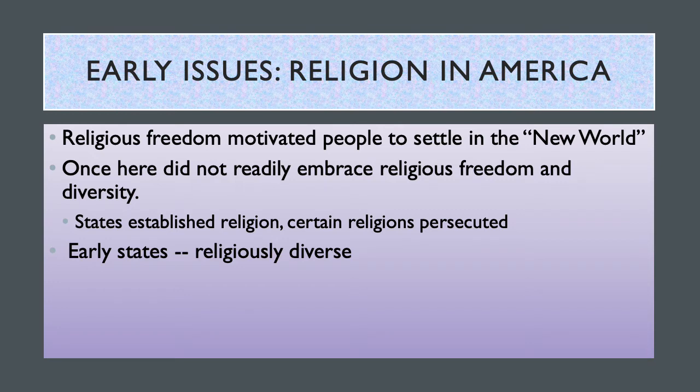Within Christianity, there's the big division between Catholics and Protestants, but Protestants have many, many different sects: the Congregationalists, which is an offshoot of the Puritans, the Anglicans, which becomes the Episcopal Church, Quakers and Baptists. But you also had Catholics and Jews and Muslims. And so there was a lot of religious diversity even in the early colonies and states, and that diversity obviously continues today.